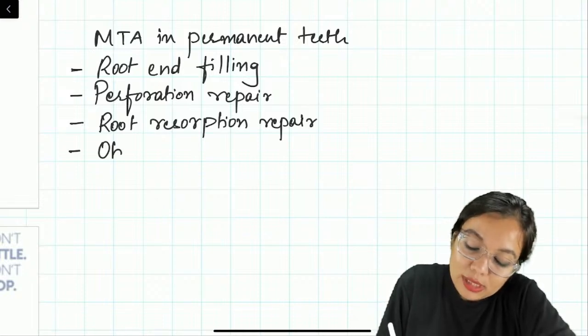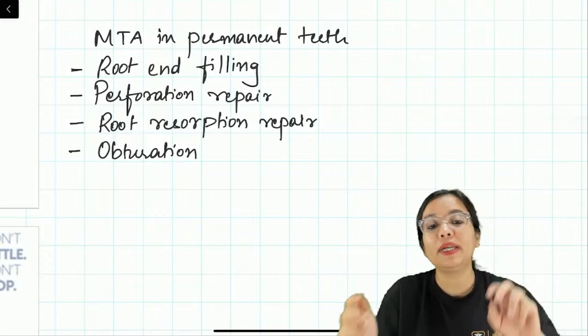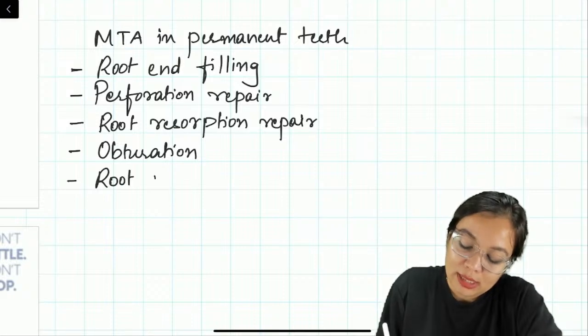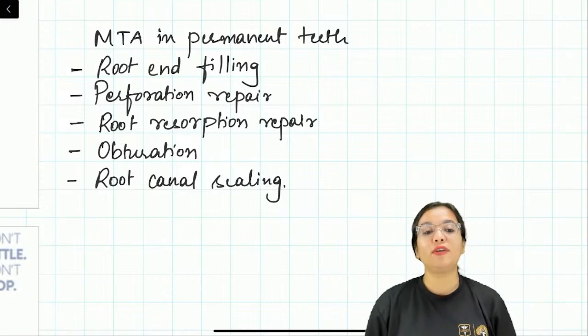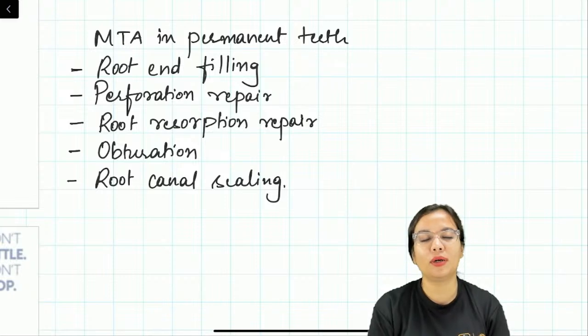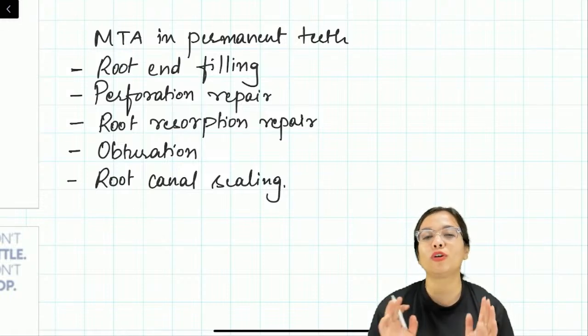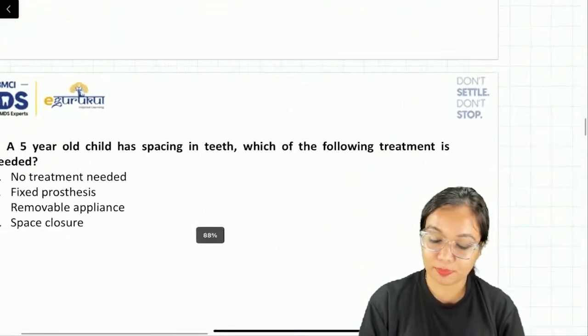Then it can be used as obturation or obturating material in case of permanent teeth again, okay, and then it can be used as a root canal sealing material also. So these are the various techniques or various procedures in which MTA can be used in case of permanent teeth. So it's an excellent material but not used for obturation in deciduous teeth because of its non-resorbing properties.